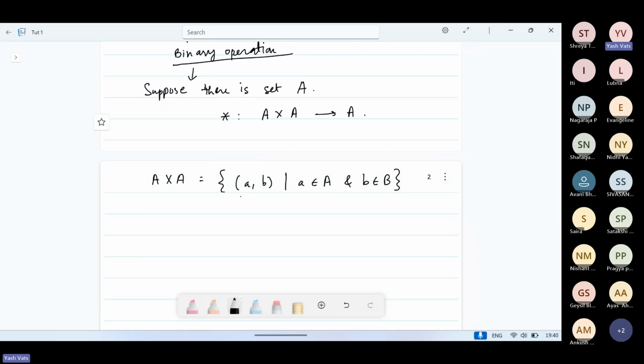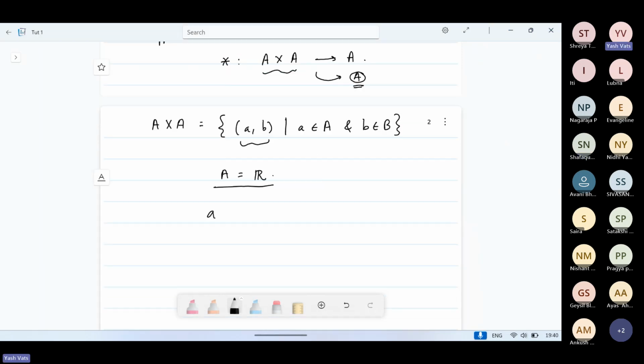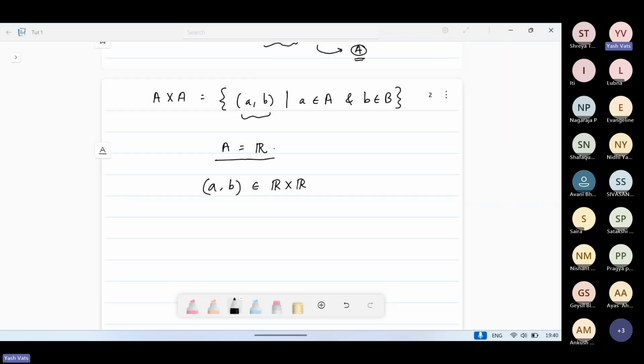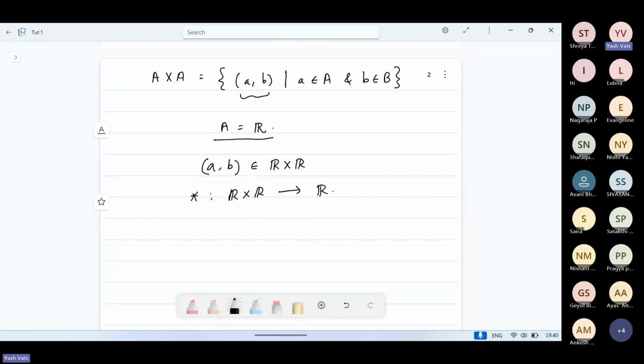And you take out the elements from A cross A and then transfer them to this set A. And how do you transfer it? Suppose A is the set of real numbers. Then you take (a, b) from R cross R. And what does star do? Star is transferring the elements from R cross R to R. How is it transferring?